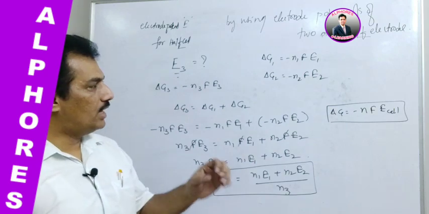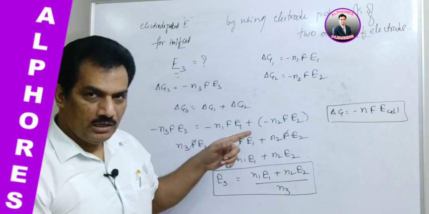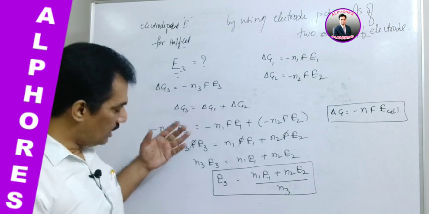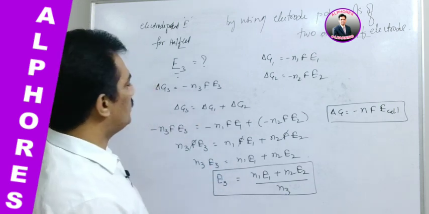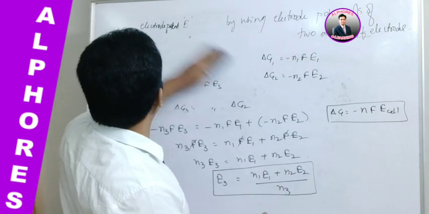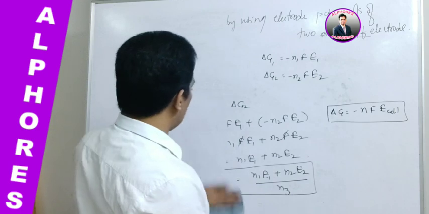Clear? But remember, in all these three half electrodes, the same chemical species should be involved, but with different oxidation states. Let me give one example to understand this concept, and then we can go for solving one numerical. It is iron.